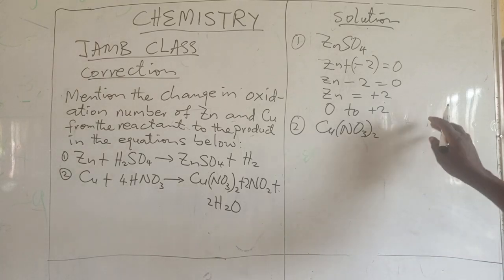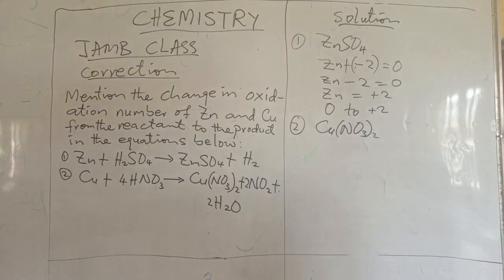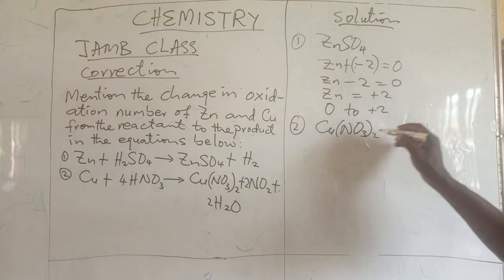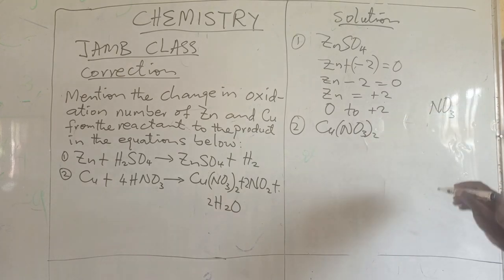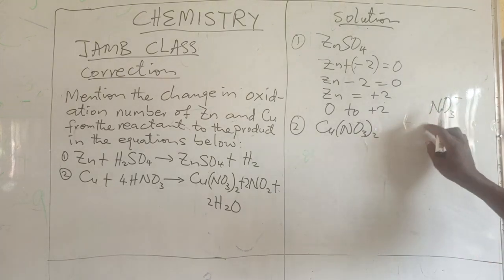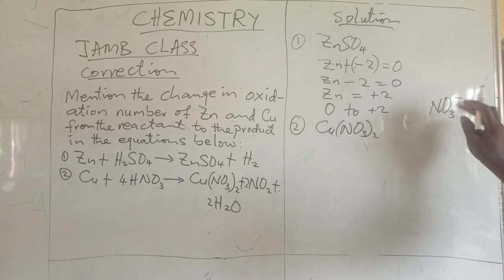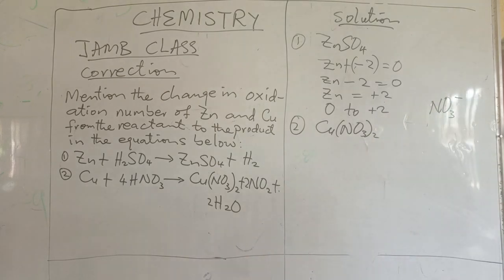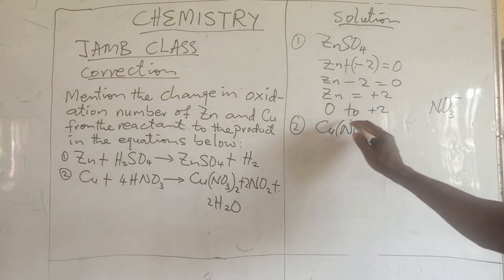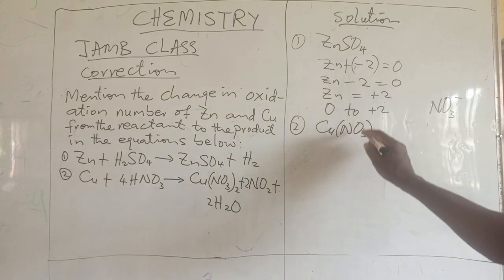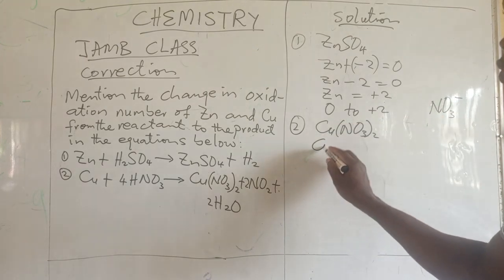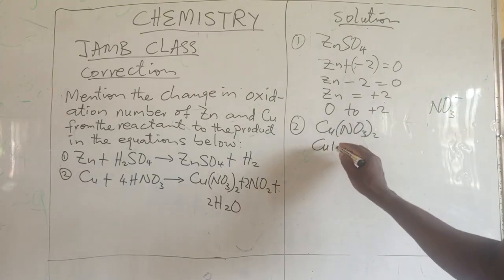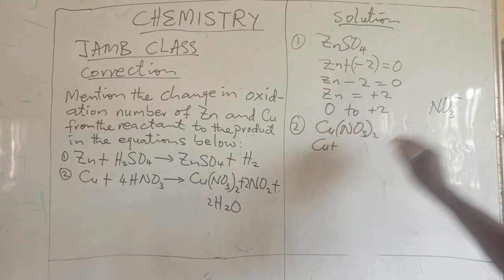Okay, remember also that I told you that there's a species like this, NO3, radical, has oxidation number of what? -1. So in that situation where you have NO3, you put -1. So I don't know my Cu plus the NO3 that is -1.